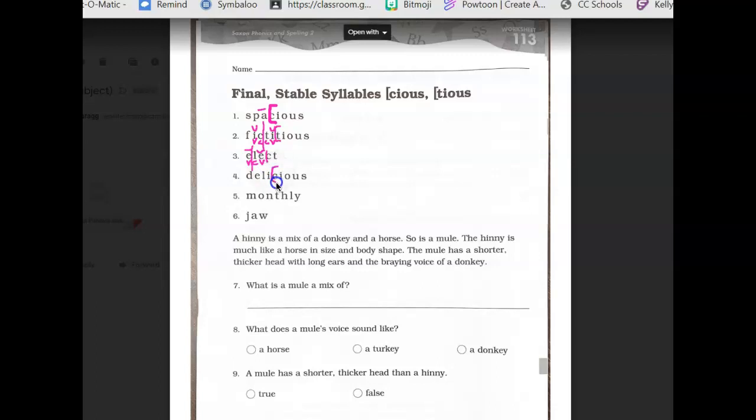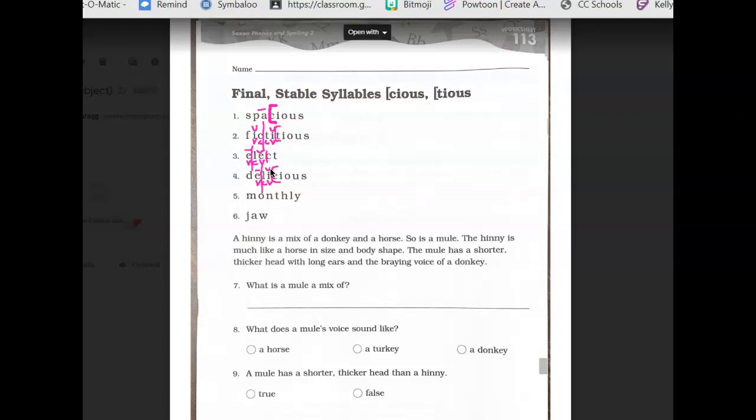Again, we have shus here. So we're going to put a final stable syllable bracket around it. We're going to do a vowel, consonant, vowel pattern here. And we're going to divide between the first vowel and consonant there. So we have a long E, de, li, shus.